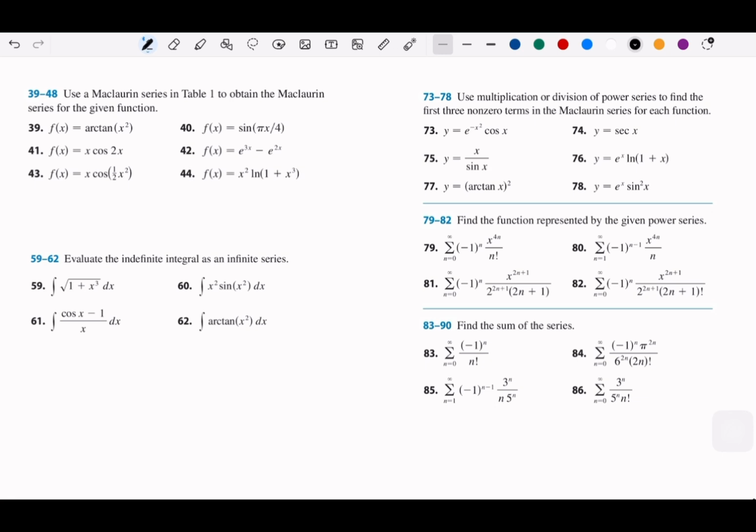The third one here is the first three non-zero terms, which we can find from multiplication or division. The fourth section here is how to take the series and turn it into a function.